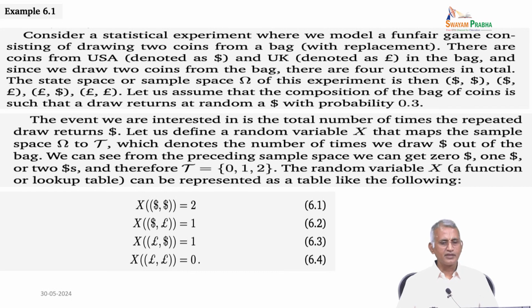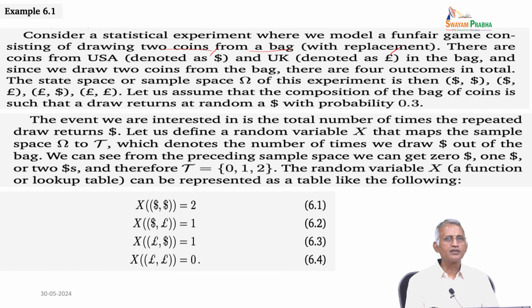Therefore, consider a statistical experiment where we model an unfair game consisting of drawing 2 coins from a bag with replacement. That is the condition. There are coins from the USA, denoted by the dollar symbol, and from the UK, denoted by pound, in the bag, and since we draw 2 coins from the bag, there are 4 outcomes in total.